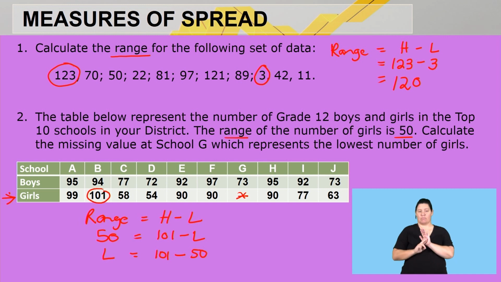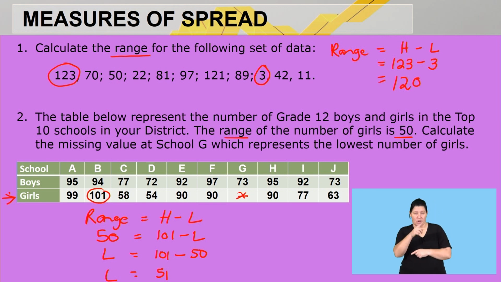Remember, L represents the lowest value. So therefore, the lowest value will be, so I'm going to take my calculator and I want you to do the same. 101 minus 50. So therefore, the lowest value here will be 51. All right, so I hope that is clear to all of you. I manipulate or I change the subject of the formula.